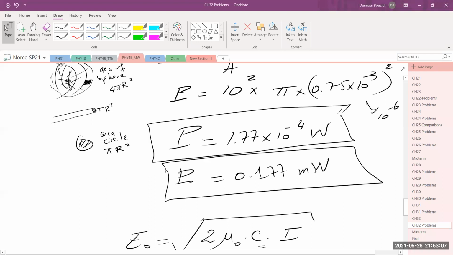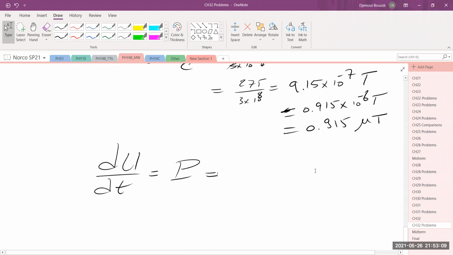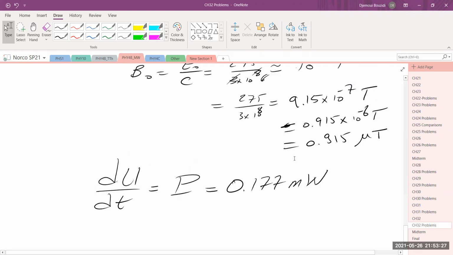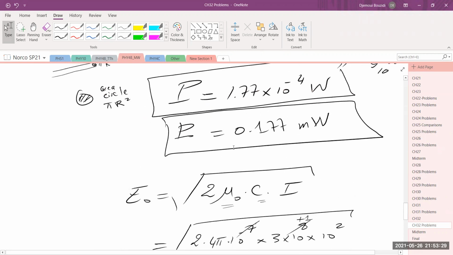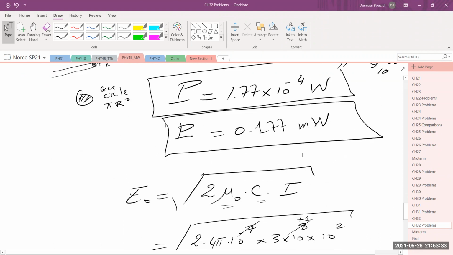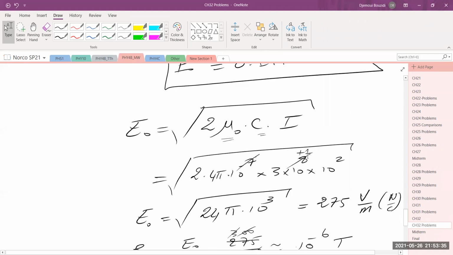This is how much it is: 0.177 milliwatts. Energy delivered per second, that's the power. So you really don't need to do anything about this question. It's already done for you. You did it here, so that is the answer.